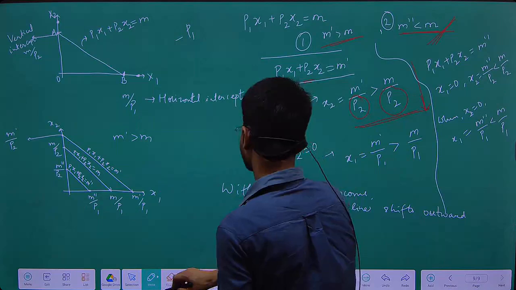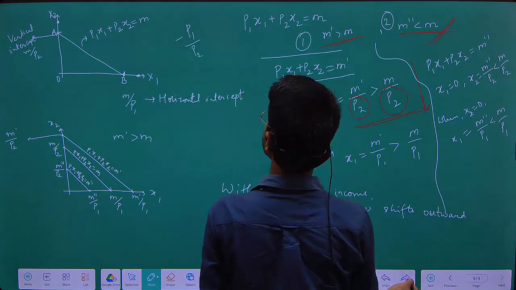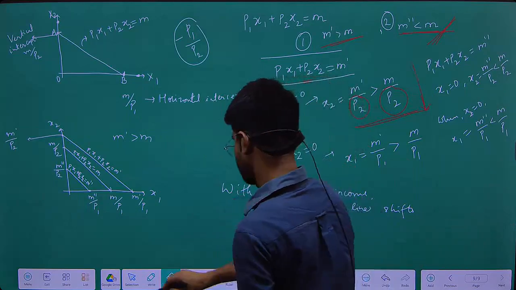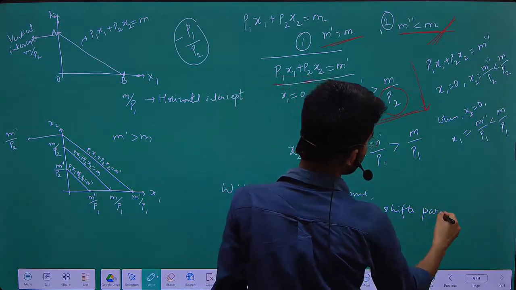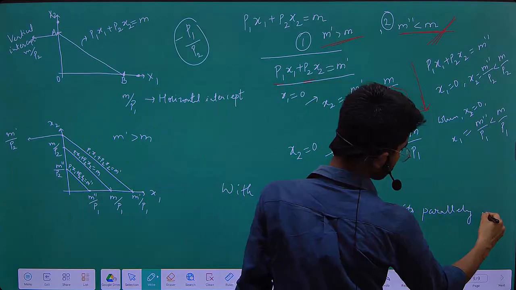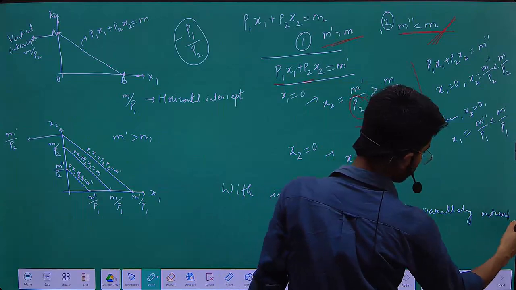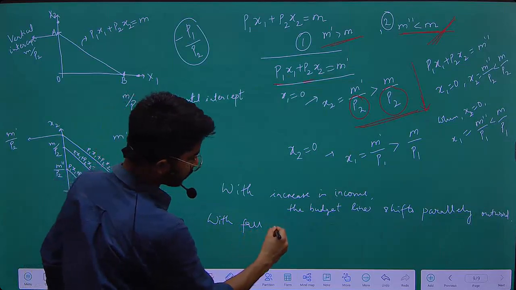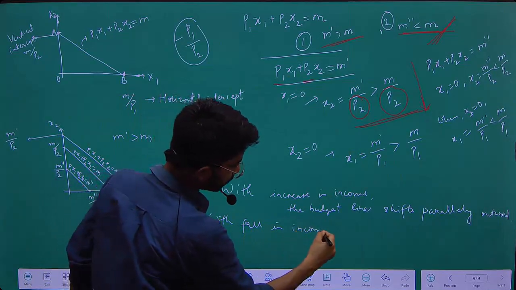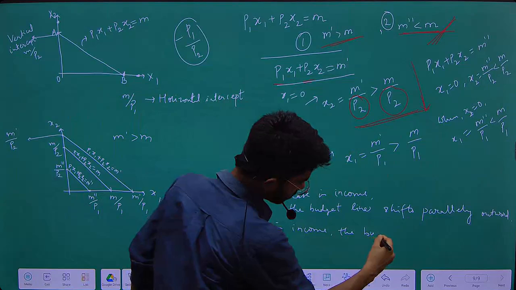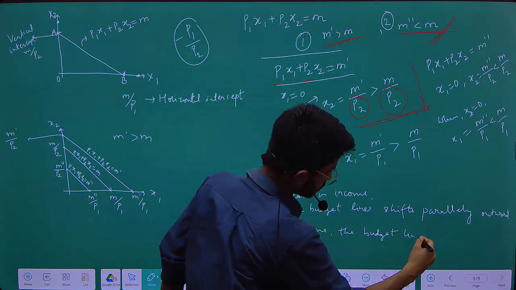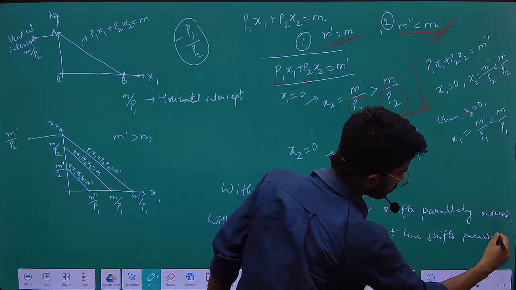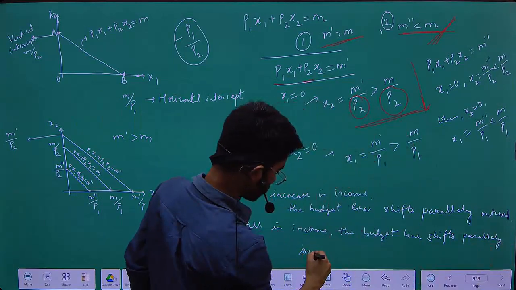So I would write this as shifts outward parallelly, or you can say shifts parallelly outward. And with fall in income, the budget line shifts parallelly inward.